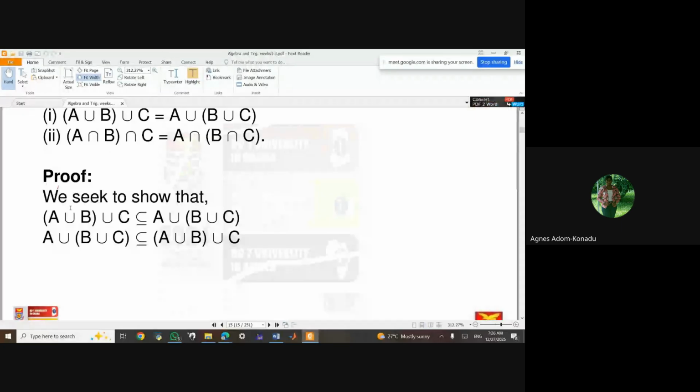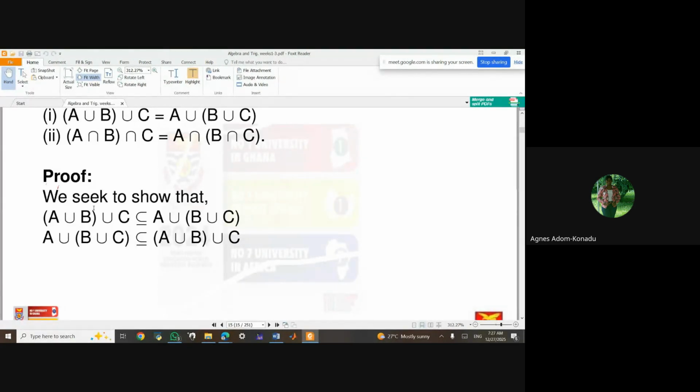So the first one, as I did earlier, if A intersection B in a bracket intersection C is the same as A intersection in a bracket B intersection C, then we want to prove that the left-hand side is contained in the right-hand side, and the right-hand side is also contained in the left-hand side.